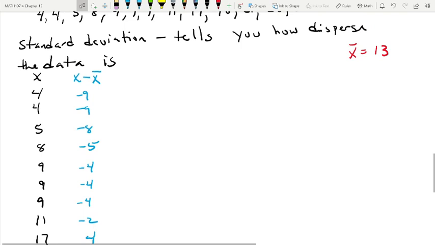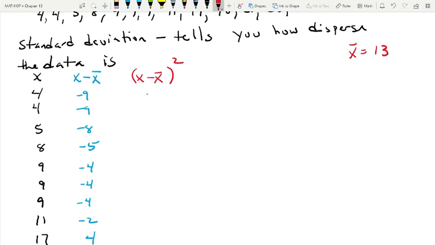And now the next thing we need to calculate is x minus x bar squared. So now we're going to just square all those numbers.